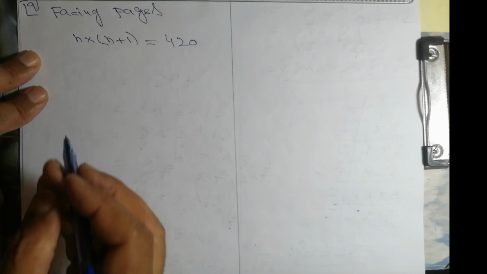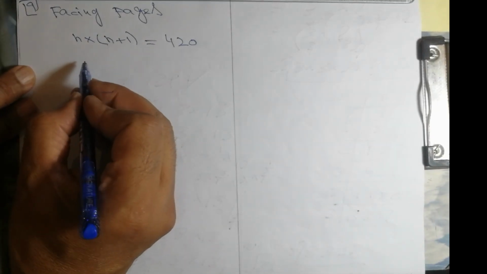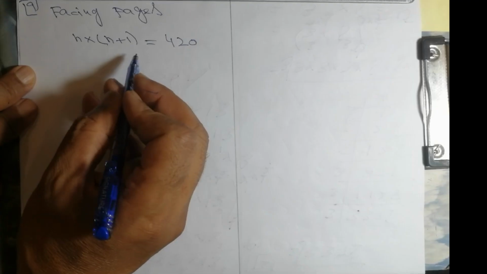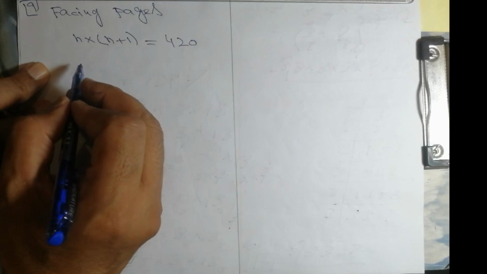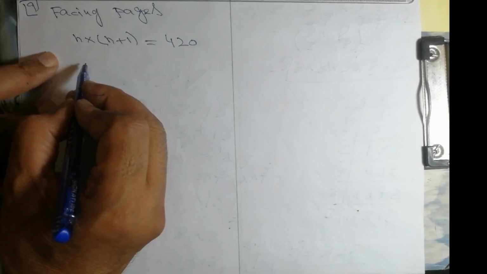Also a hint is given here: 400 is a perfect square. It means 400 is a perfect square of 20.